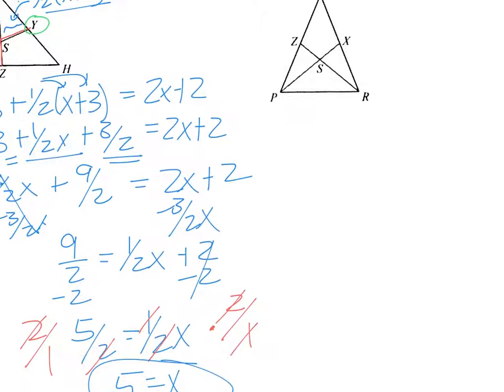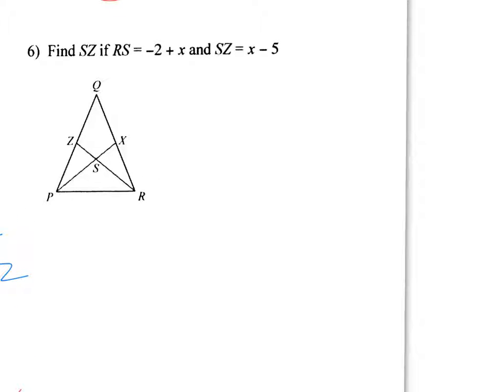All right, one more here. So again, we have two of these intersecting. It gives me R to S. Okay, so that's from the vertex. So that's the bigger one of the two. -2 plus x. And then it gives me SZ, which is x minus 5.